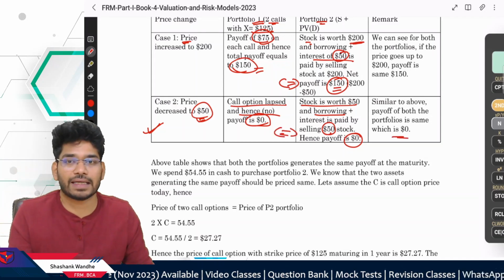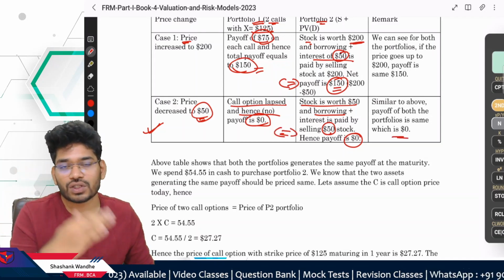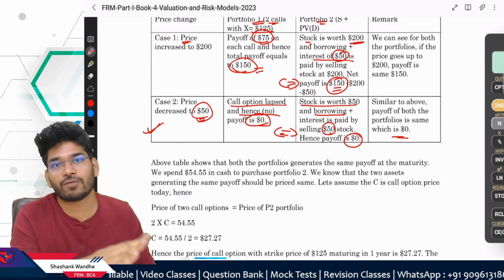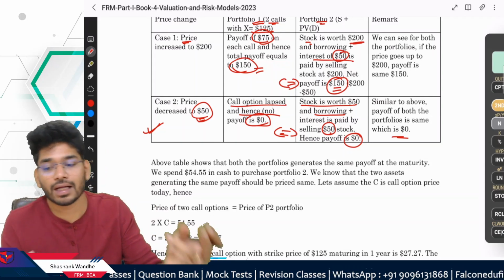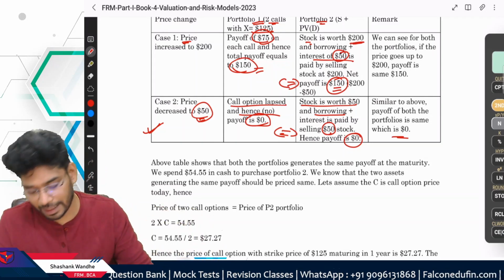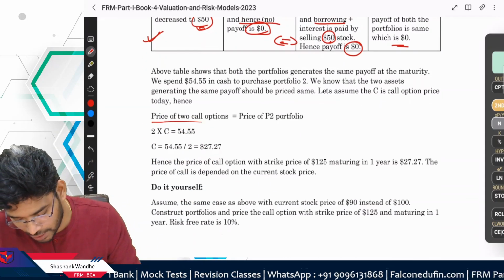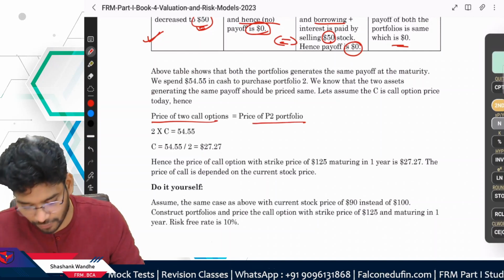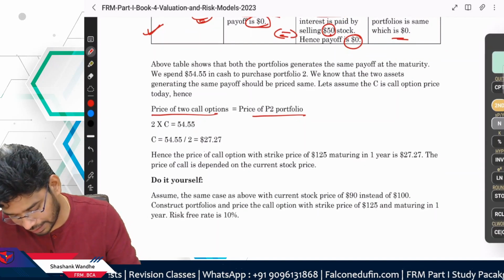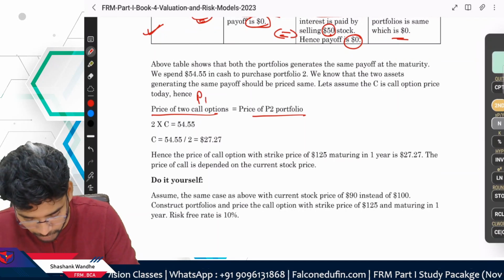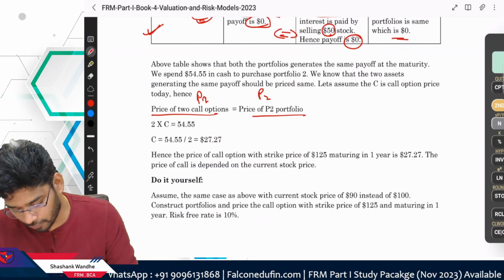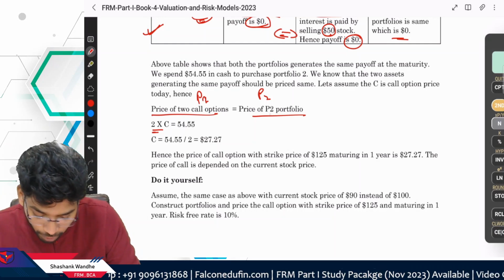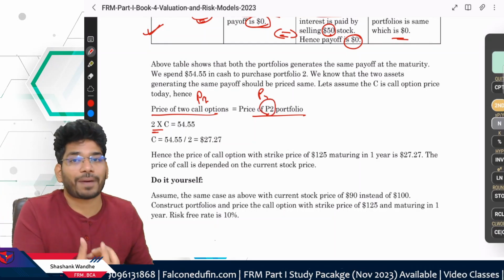Now the principle is: if you have two portfolios which are generating equal payoff at maturity at a specific point in time, then they should be priced at the same level. That's why the price of the two call options, meaning portfolio 1's price, should be equal to portfolio 2. Simple. In portfolio 2, what is the price of that portfolio?